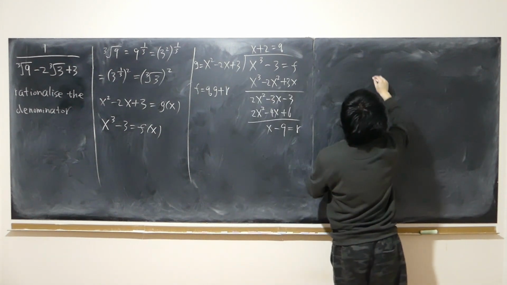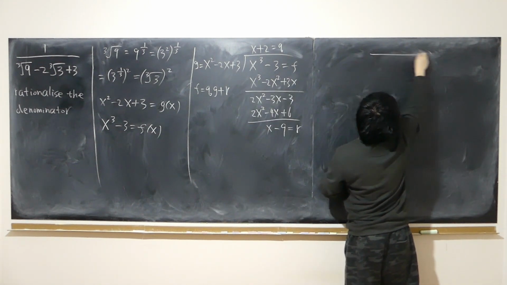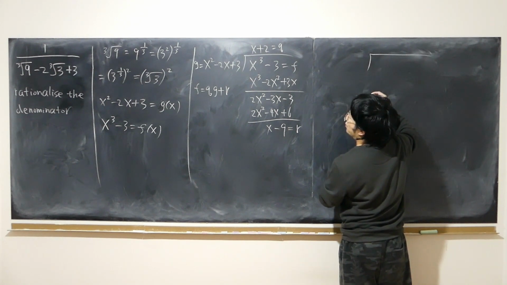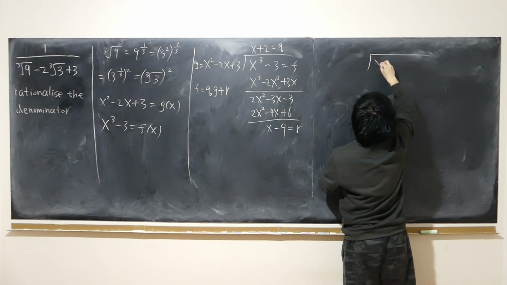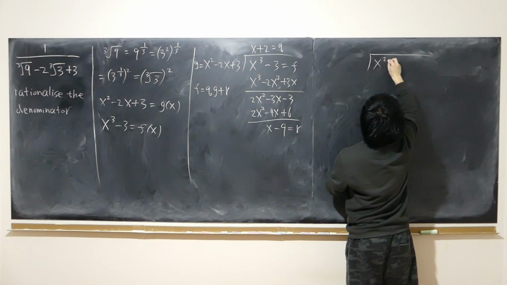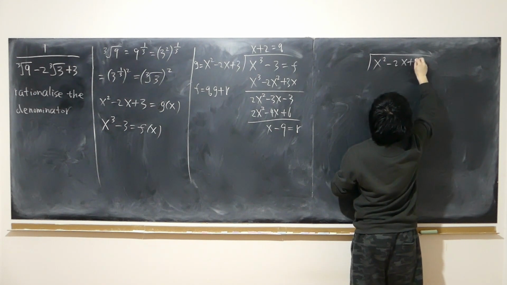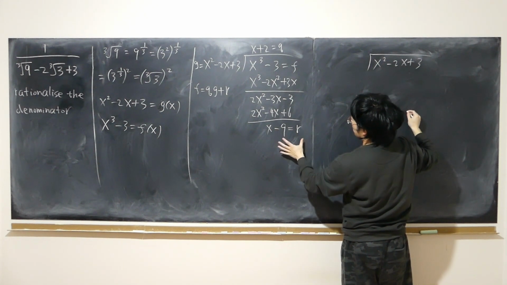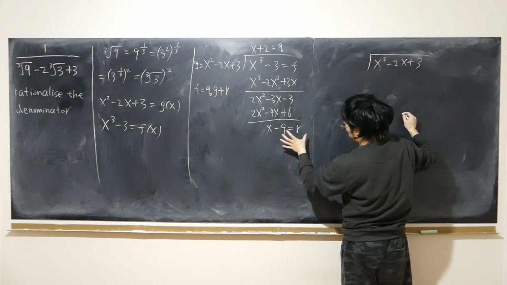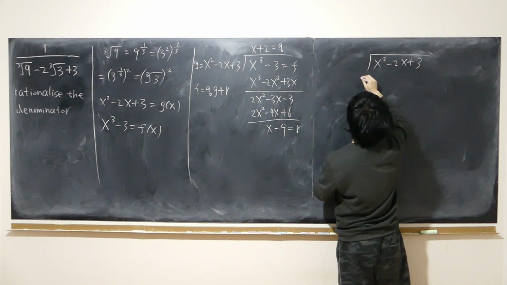Now I'm going to use my previous divisor as my new dividend, and use my previous remainder as my new divisor, Euclidean algorithm.